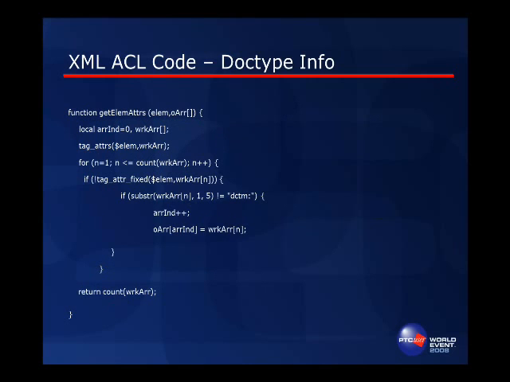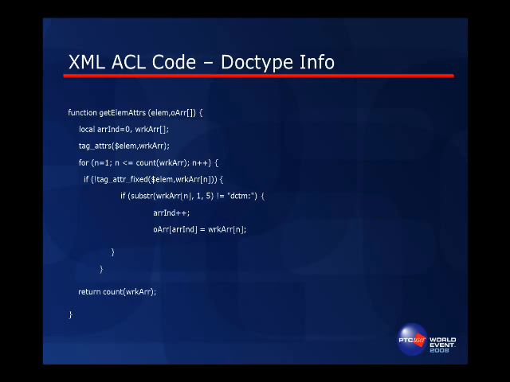Doctype Info. Basically, you can find out all kinds of stuff just asking the DTD. So get LM attrs populates these arrays. That's my code. I've already gone through an array. Hold on a second. Okay.